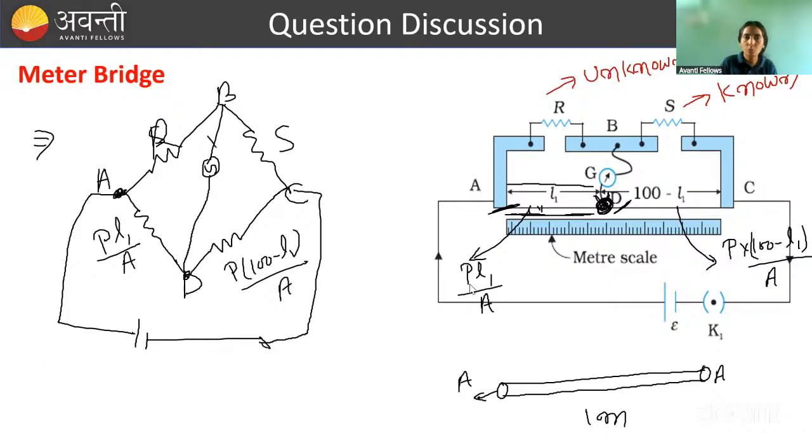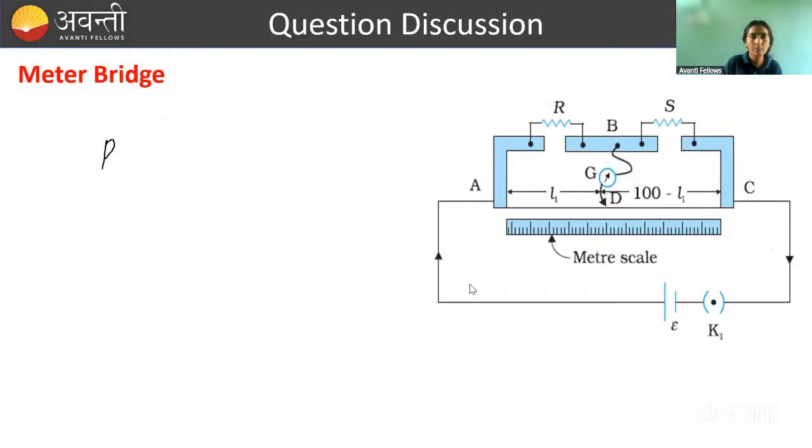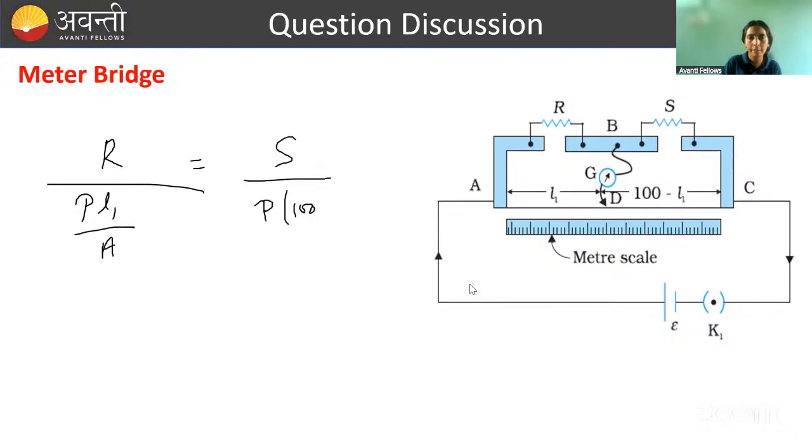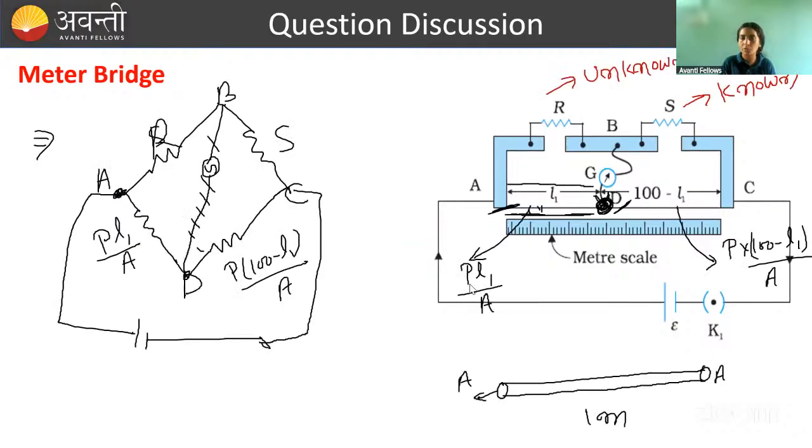Now, in case of no current through the galvanometer, which is the case here, what you will write now is R by (rho L1 by A) is equal to S divided by (rho (100 minus L1) by A). You will equate their ratios, right? R by this equals S by this.